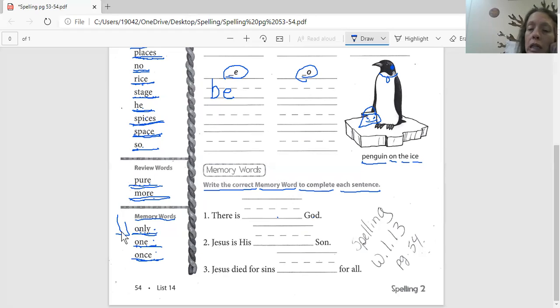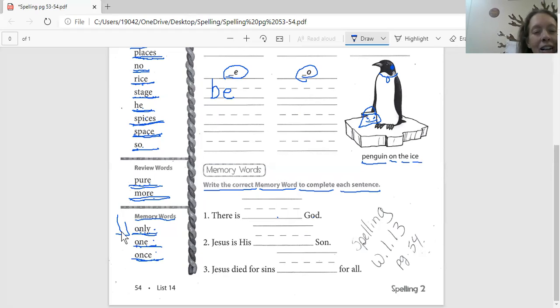Choose the one that you think works best. If you think only God should go up here, write only. If you think one God should go up here, write one. And if you think once God should go up here, write once. It's not once. It's one of these two. There you go, gave you a freebie.